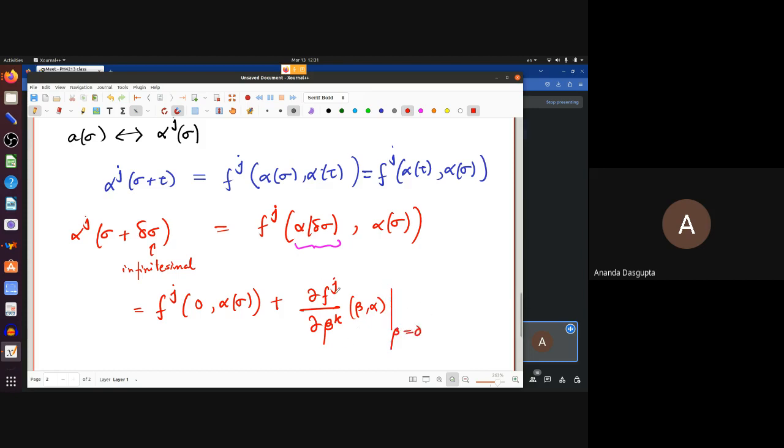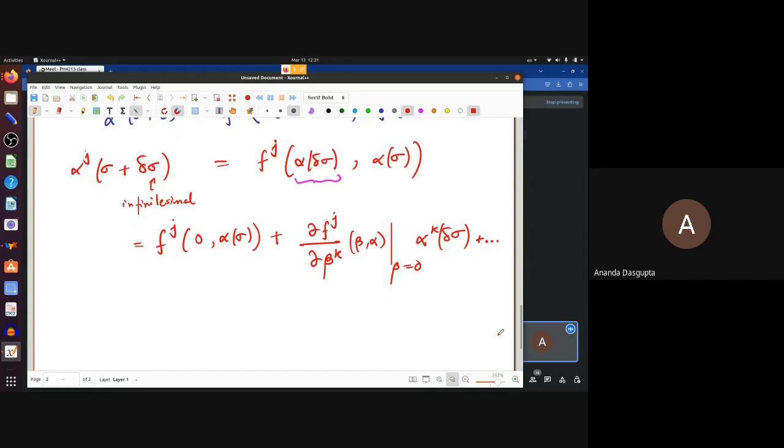And then multiply this rate of change by alpha k delta sigma. Is that okay? And of course, higher order terms. This is the Taylor series, nothing else.